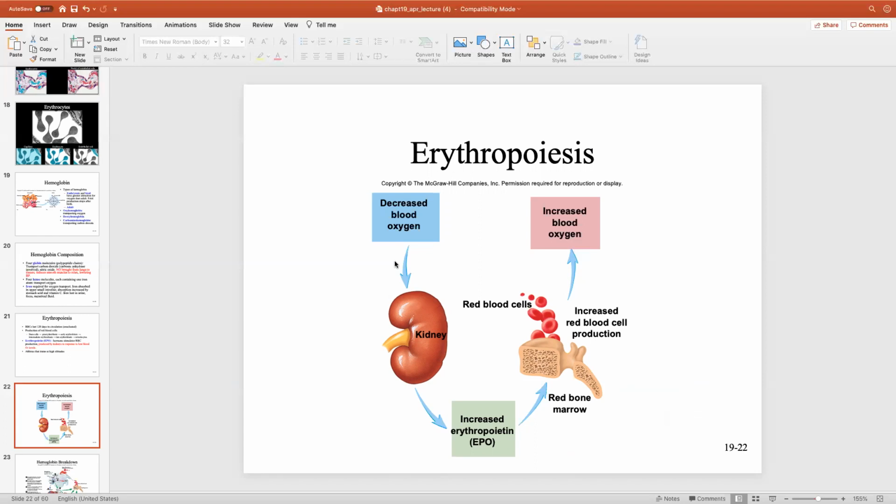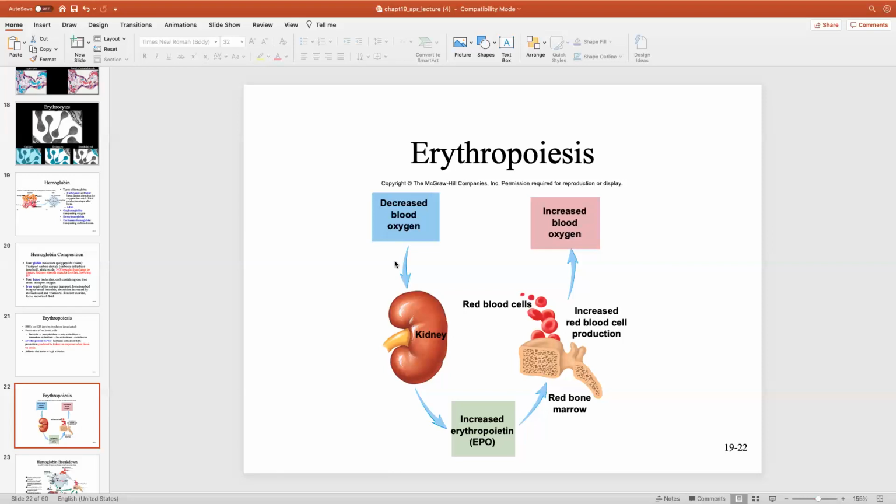So normally at sea level, we have a certain amount of oxygen. I'll give you numbers, but it doesn't really matter right now. You have about 160 millimeters of mercury of oxygen at sea level. But the higher up we go in elevation, the less oxygen available there will be.